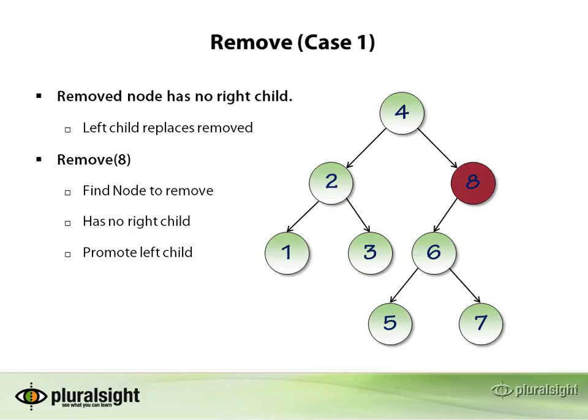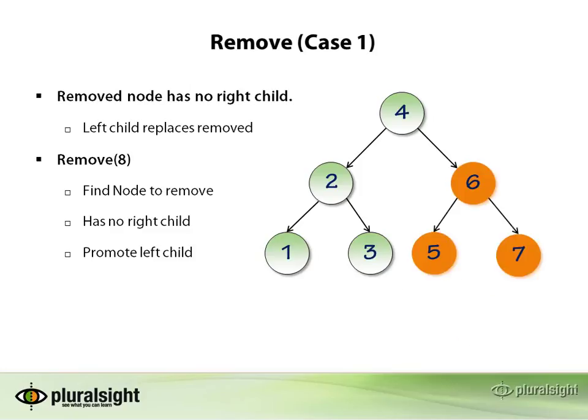Now I want you to think about why that's the case. Since there's no child to the right, there is no value underneath the 4 that is going to be larger than 8. So when we perform the delete operation, we've now promoted that tree, the 6, 5, 7 nodes, up in place where the 8 was.